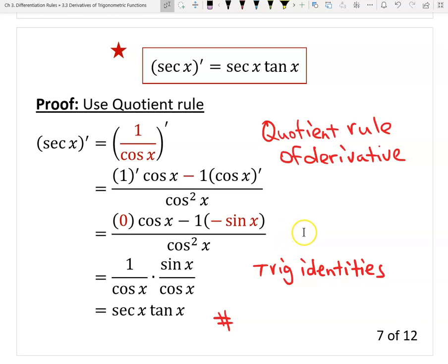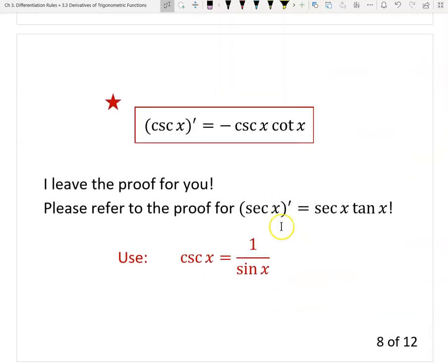We have the last one, which I also leave for you. I think it is just a piece of cake for everyone, not a challenge. All we need to do is follow the way we did for secant. Let's compare a little bit. The derivative of secant is secant times tangent. What is the derivative for cosecant?